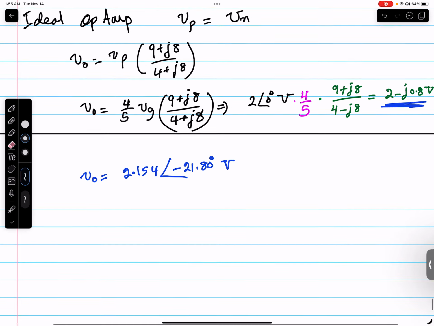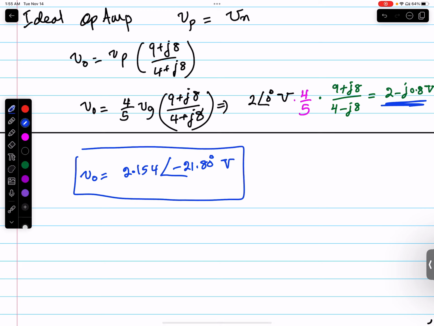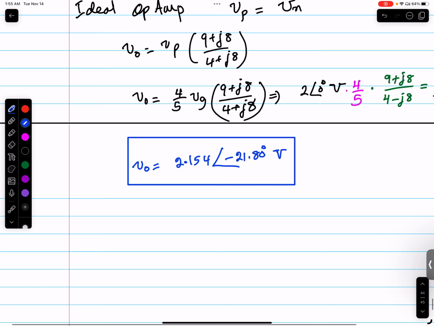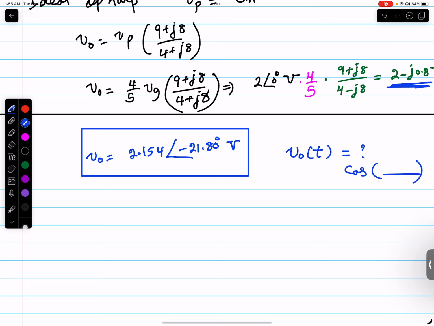That is the idea of calculating the output voltage. That is one of the problems that we are supposed to find out: what is the output voltage? Then you can express this in time domain form. I leave it as an exercise: what is vo of t in its cosine form?